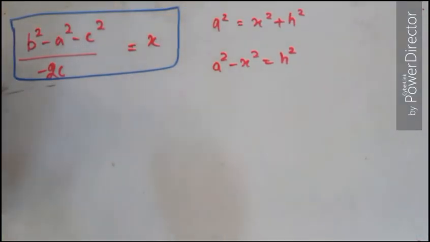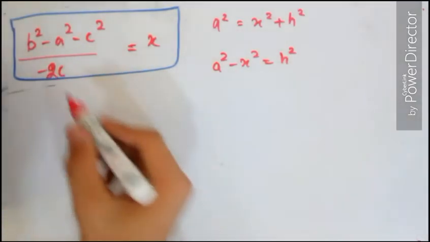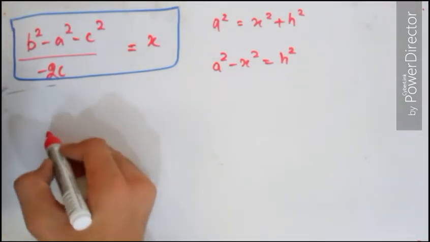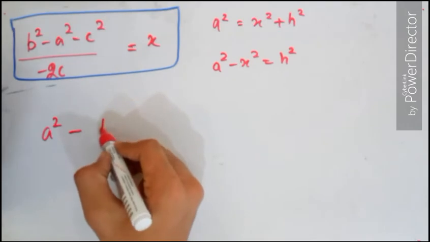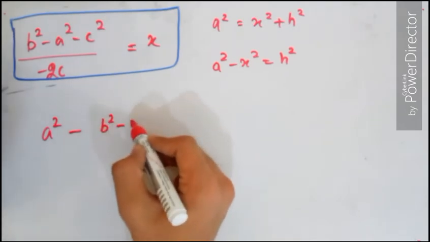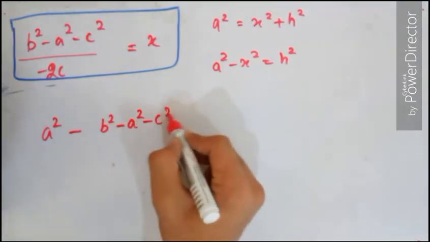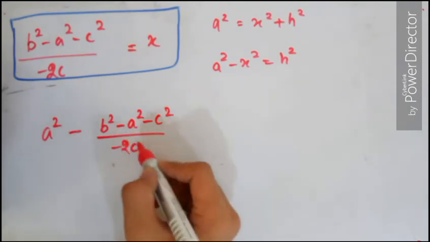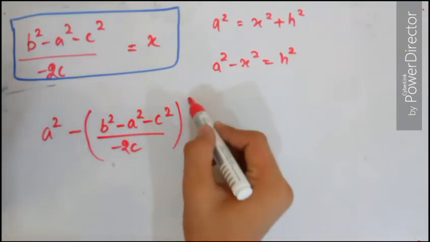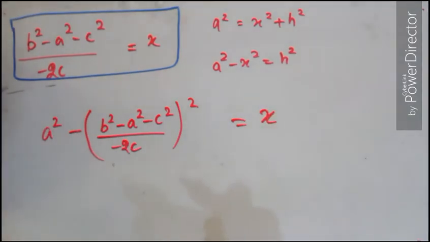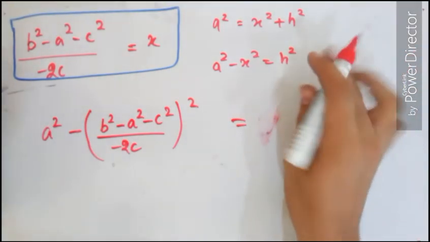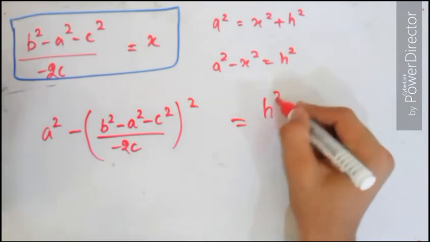Substituting x from here, h squared is equal to a squared minus the quantity b squared minus a squared minus c squared upon minus 2c, whole squared.